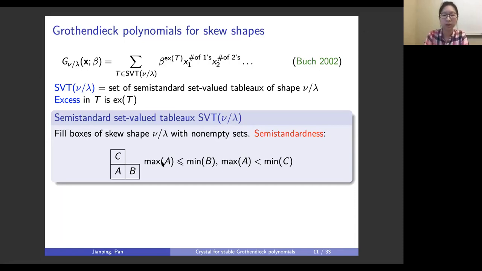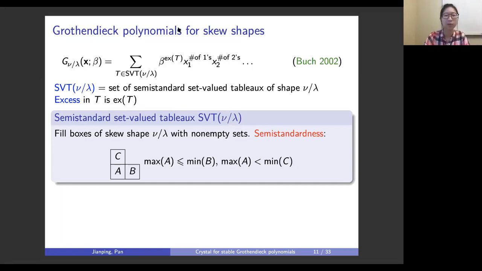This is also similar, but you have to consider the maximum and the minimum. So in the row, the maximum of a cell has to be weakly smaller than the minimum of its right neighbor, and has to be strictly smaller than the minimum of its neighbor above. Here we're using French notation, so this is the next row along the column.